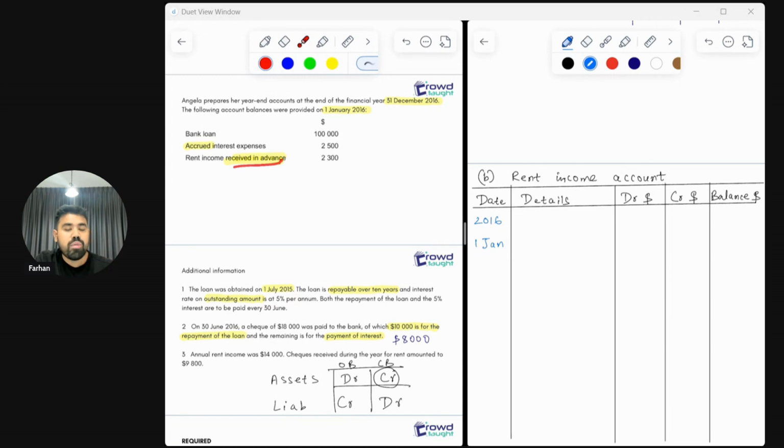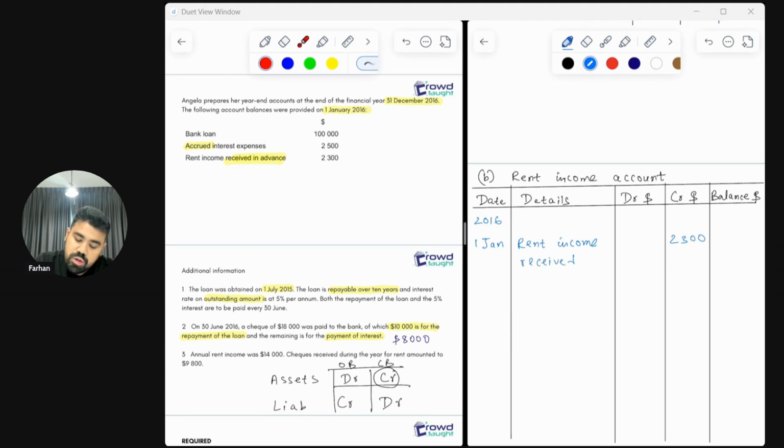You have just got the money in advance and your tenant still has to use the space, okay? So because this is a liability, and based on the table which we have prepared earlier, we understand all liabilities should have an opening balance on the credit side. So what we're going to do here is include the amount for rent income received in advance of 2,300 on the credit column, okay?